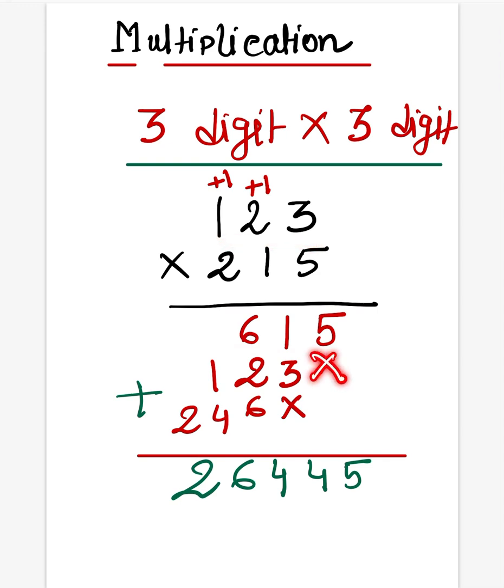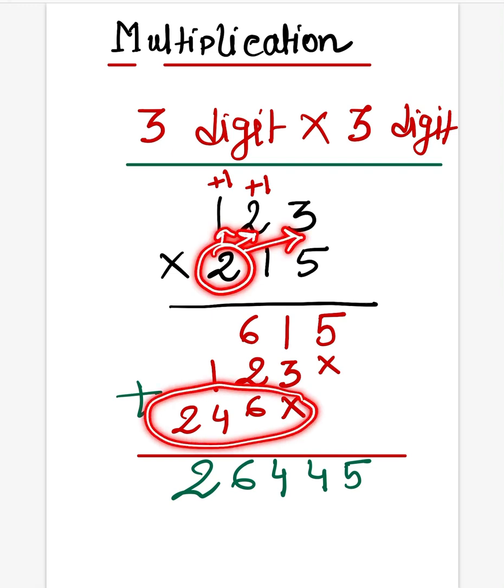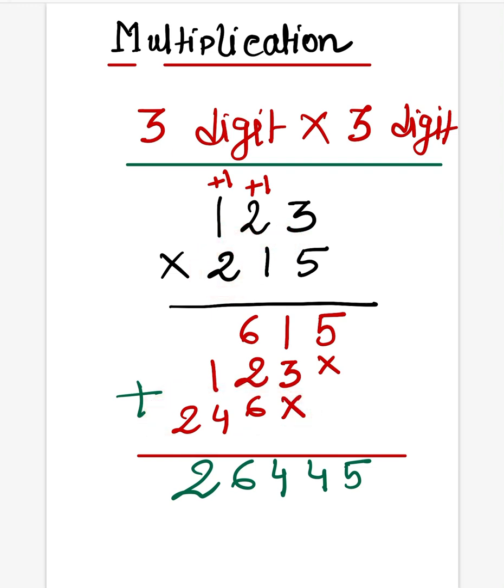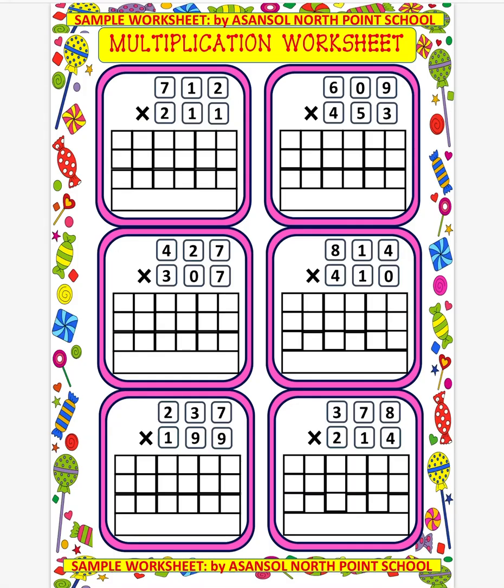Then we leave the first place, and do the same thing with the number 1. The second line represents this multiplication. Third, we multiply this 2 with this number. This line represents this multiplication, and then we add the whole part and we will get our answer. Now one example I have shown you, let us take another example.